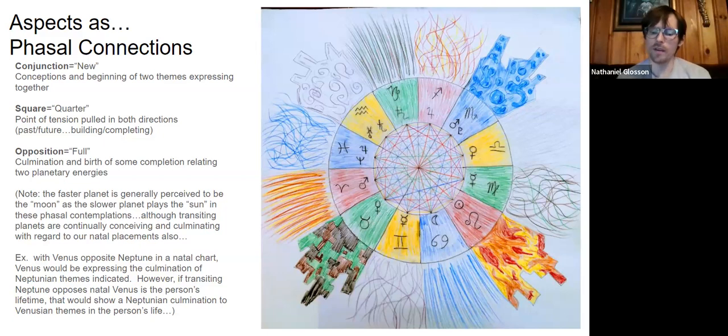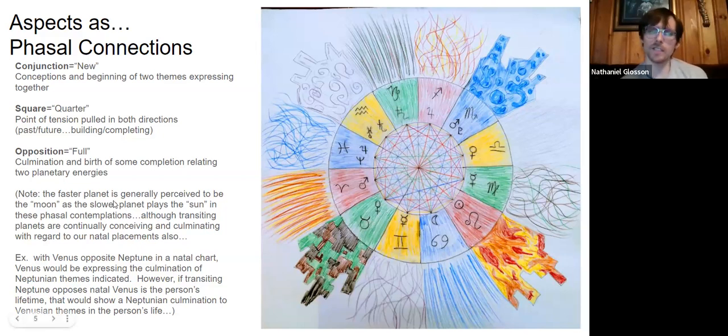And whether or not we are aware of that is typically what determines whether an opposition is more favorable or more frustrating, how well we've integrated those two energies. If you've integrated them well, the opposition is like a graduation and an applause and a completion and culmination. If you haven't integrated those two energies, it's a battle. It's like which one's going to win, and something might break.